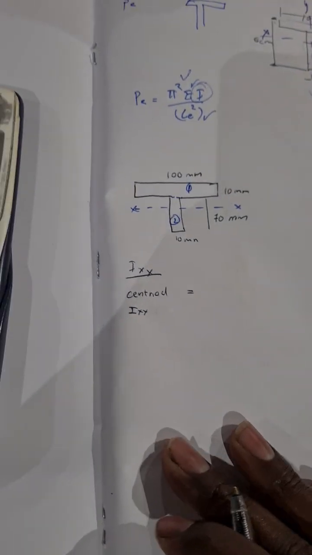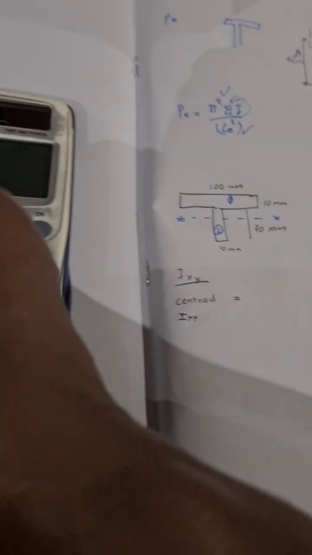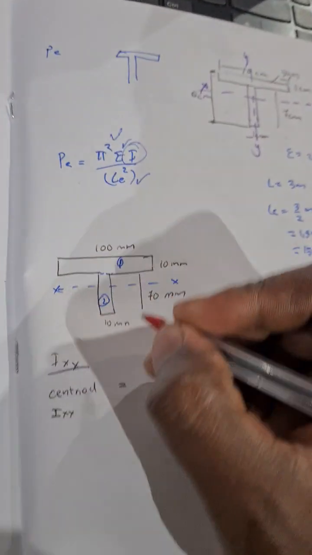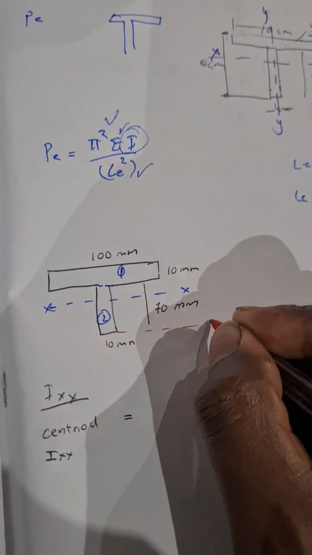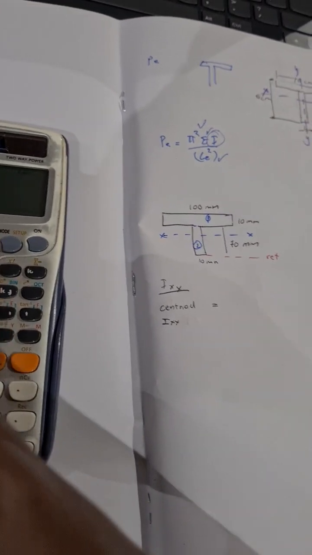For the centroid, let's just draw IXX only. So IXX is somewhere here, right? Then for the centroid, always remember the reference. So let's say this bottom is the reference every time for the centroid.